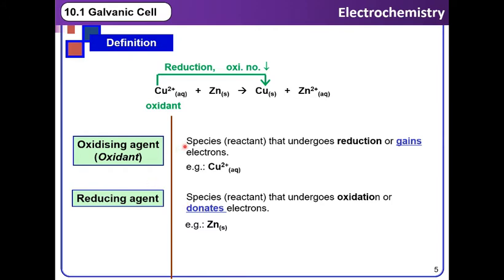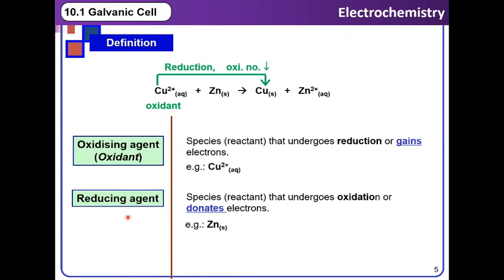Oxidizing agent is species or reactant that undergoes reductions and gains electron. Okay, for example, copper 2 plus undergo reduction and it gains electron. So copper 2 plus plus electron to produce copper. So copper 2 plus will become oxidizing agent, or we call oxidant.